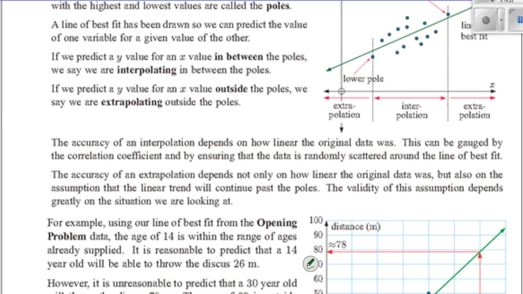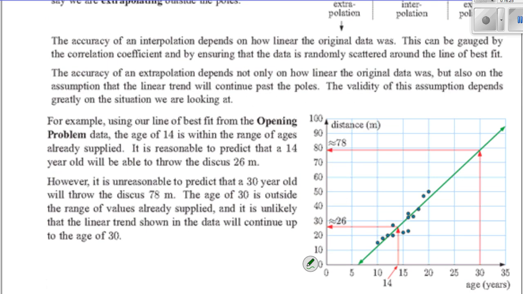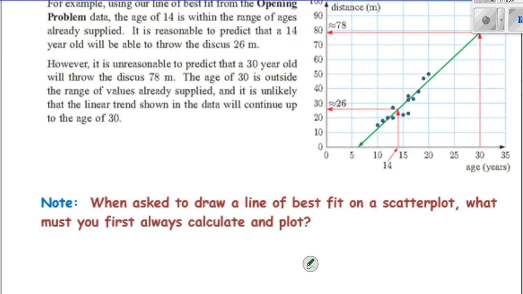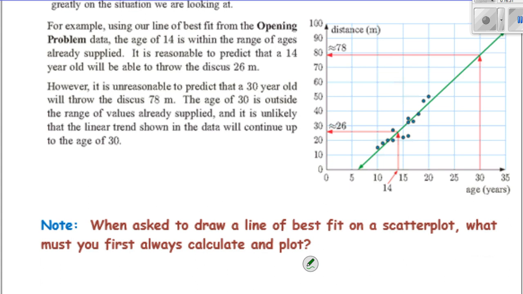If you pause and read through that, it's going to explain that to you as well. Here's an example. As you can see, age and distance. The range of data is from here to here. Within there, if you try to put in an age in between those two values, whatever it was, 10 and 20, that would be an interpolation.